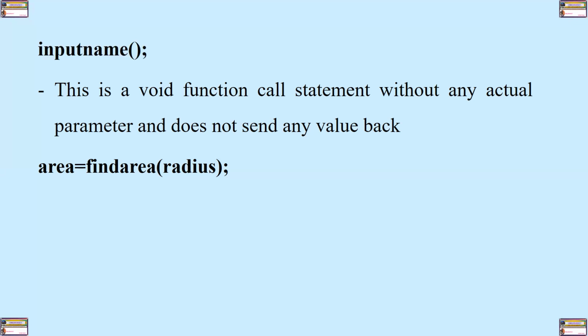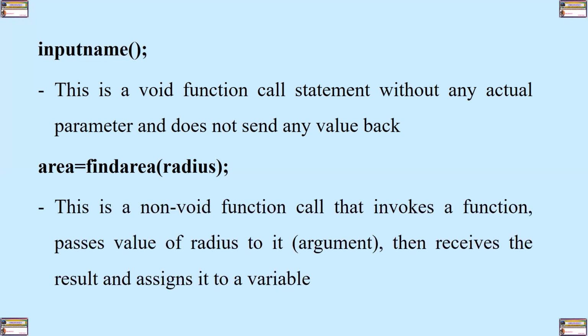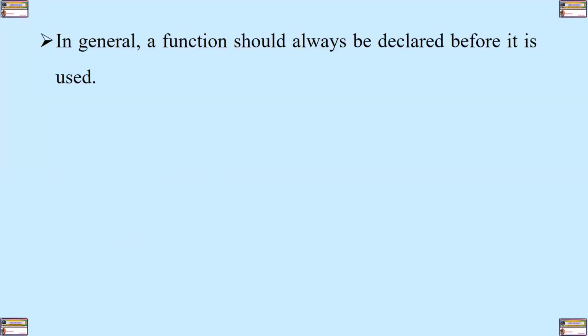And then the value that will be returned by that function will be assigned or stored in the memory location within the main function called area. So this is a non-void function call that invokes a function, passes the value of radius as an argument, then receives the result and assigns that result to the variable that we are calling area.